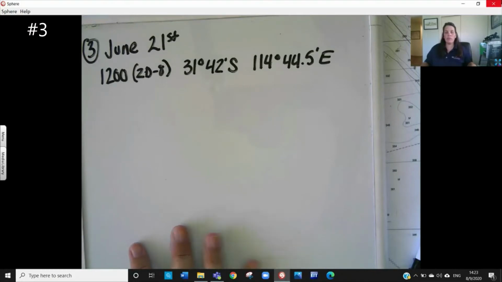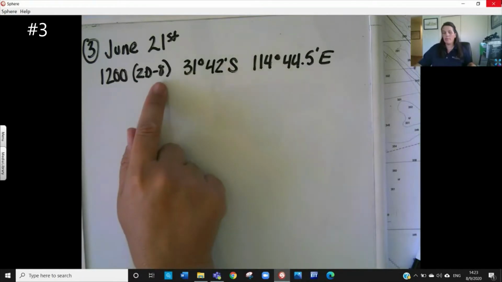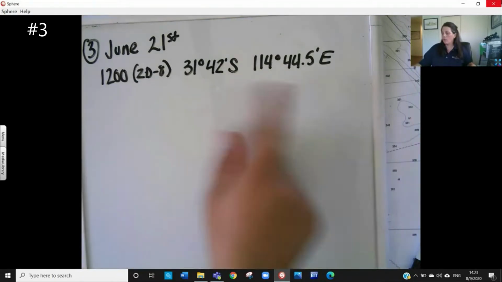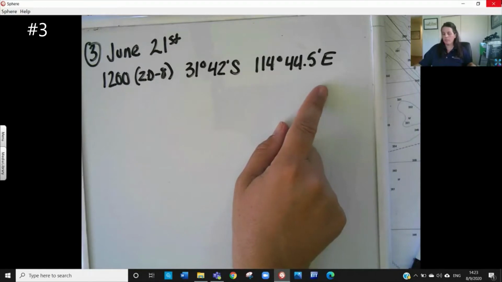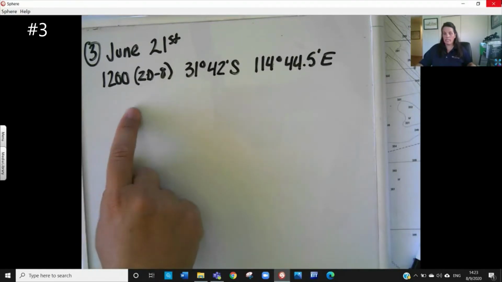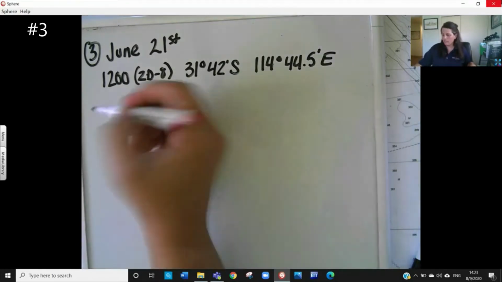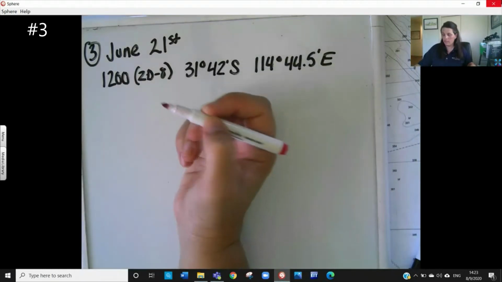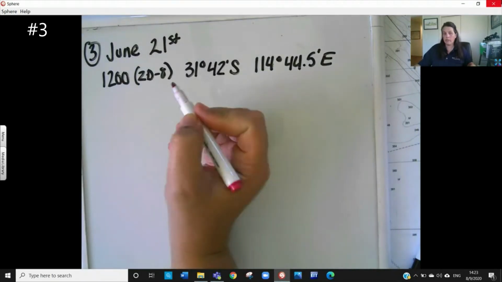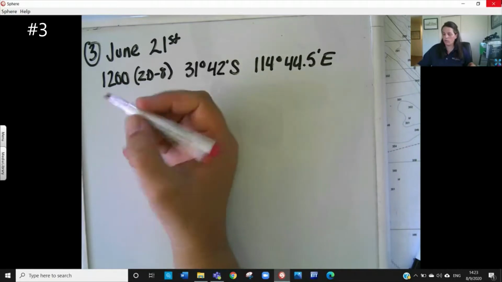Okay, so number 3, we have June 21st, a zone description this time of -8. So we're going to be in the Eastern Hemisphere. Our first step is to figure out when the meridian passage would be and where that meridian passage is, and that's on our central meridian.